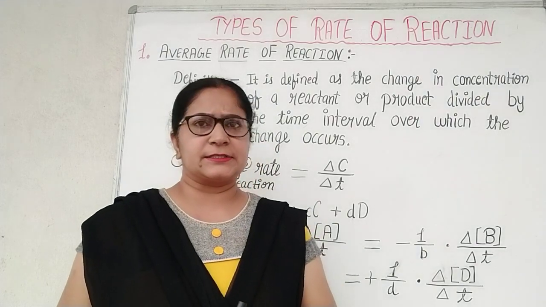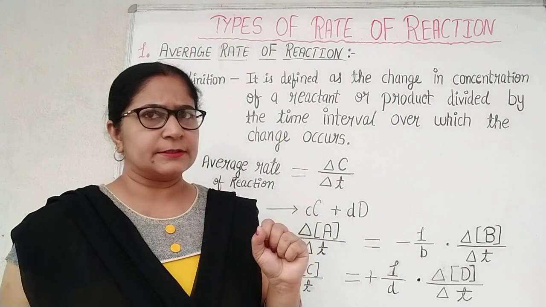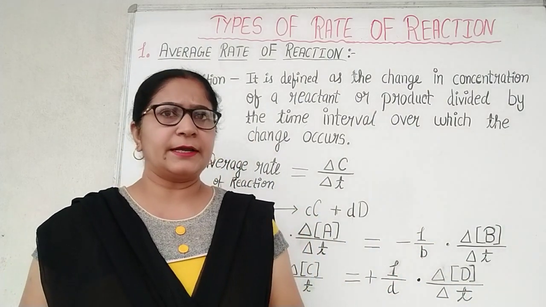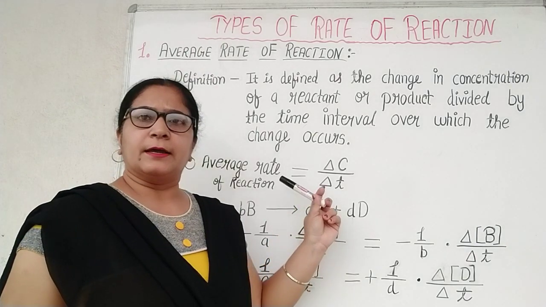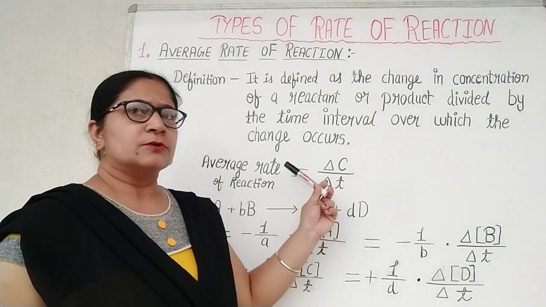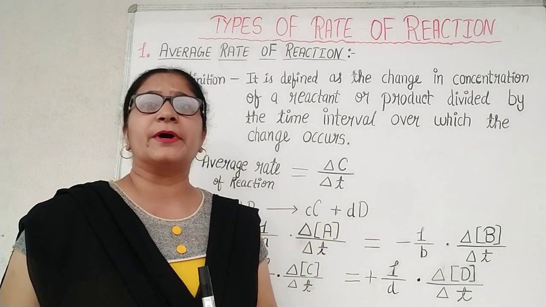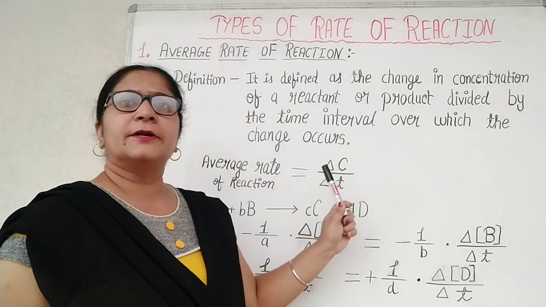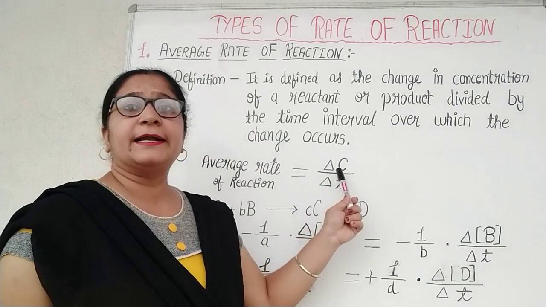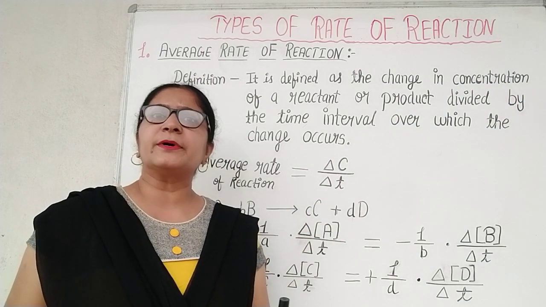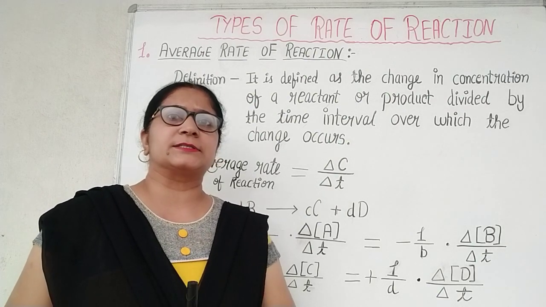I have written an example so you can understand it fluently, right? The average rate of reaction is nothing but delta C divided by delta T. This delta C is the difference between the initial concentration and the final concentration.